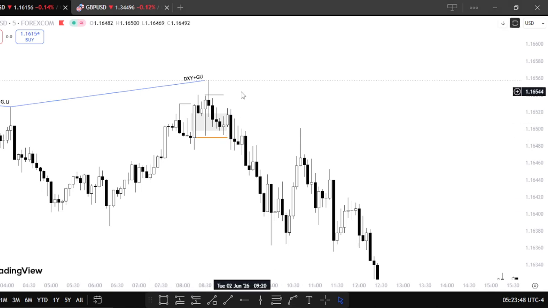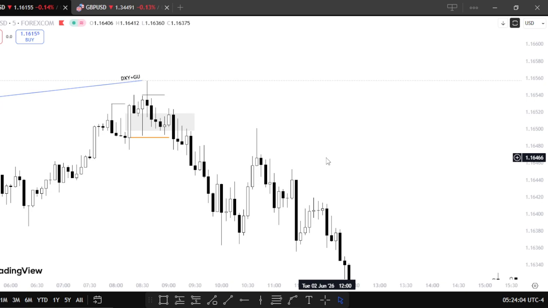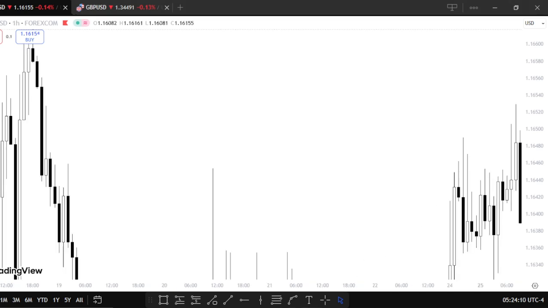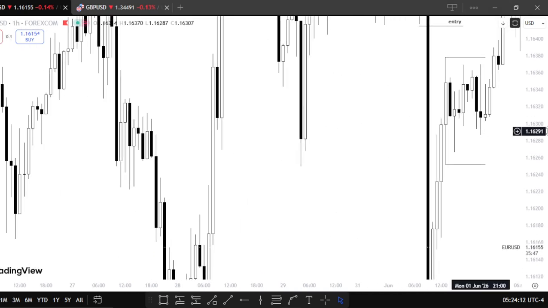This is the same as an inversion fair value gap in the XY. Okay, let's push higher. We took this 1, 2, 3 drive pattern, and this is the confirmation I took for GBP.